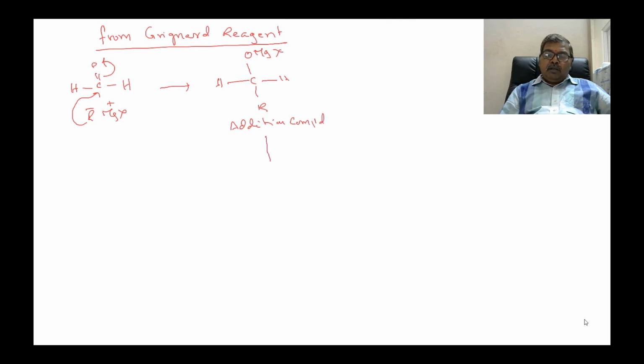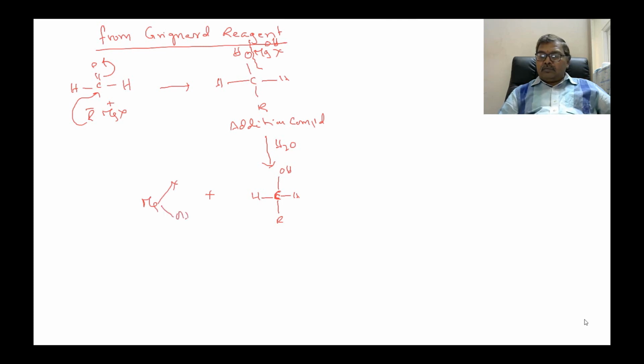Now, followed by hydrolysis. Remember, this part undergoes hydrolysis with HOH. So HCH, ROH. What is the byproduct formed in the reaction? MgXOH.